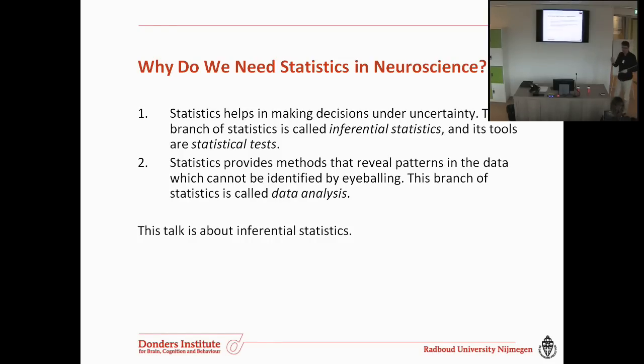Therefore, statisticians have come up with tools like factor analysis, principal component analysis, Fourier analysis, that all help us to identify revealing patterns in the data. Importantly, that branch of statistics doesn't involve any p-values at all. But nevertheless, it's very useful. Of course, there are also mixtures of the two: data analysis with p-values attached to it. So today I will only focus on inferential statistics.